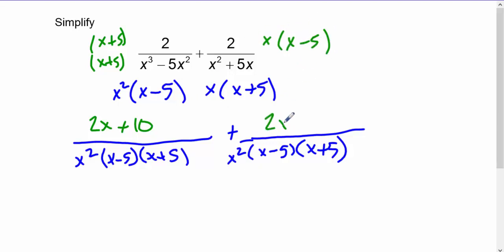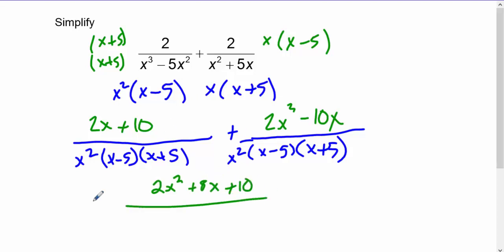So this is 2x squared minus 10x. Add like terms, 2x squared plus 8x plus 10 over x squared, x minus 5, x plus 5.